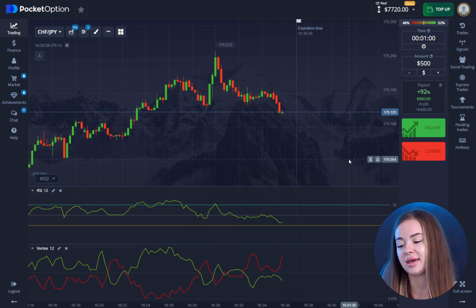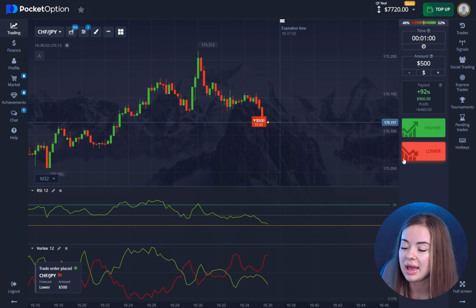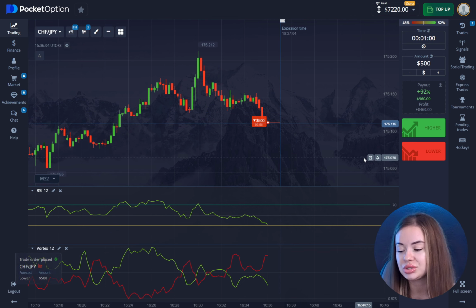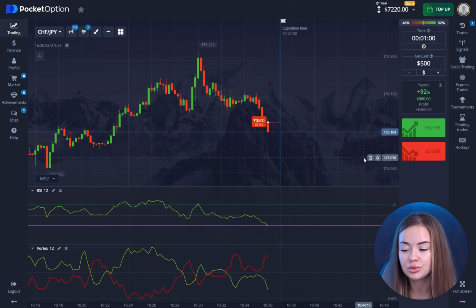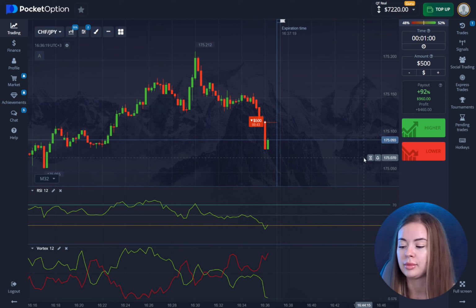We see that the RSI value is approaching the oversold level, signaling an opportunity to open a down trade, as there is still room for further decline. The Vortex indicator also shows the red line pointing upwards, indicating strong downward momentum.